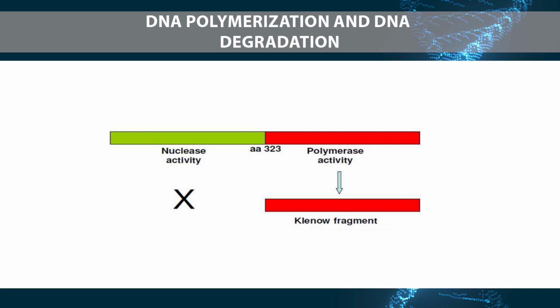In the DNA polymerase, the green fragment indicates the nuclease activity, whereas the red one indicates the polymerase activity. In the case of Klenow fragment, the green fragment is missing, that is, the nuclease activity is not present. So, it will only specifically fill the nick, and it will not replace the existing nucleotides, as was the case with DNA polymerase 1.